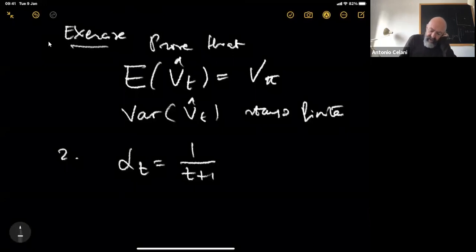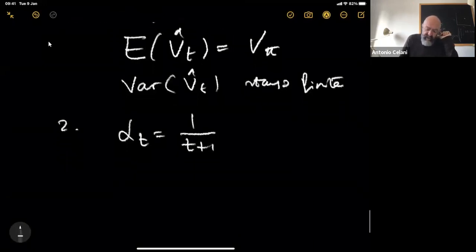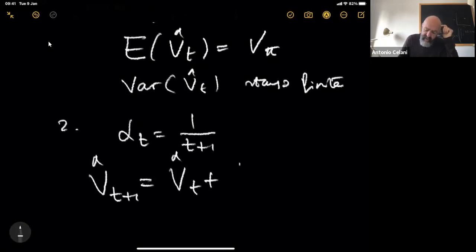Okay, very good. So what does it mean to perform temporal difference learning with this choice? Let's rewrite once more the formula. And this would become 1 over t plus 1.